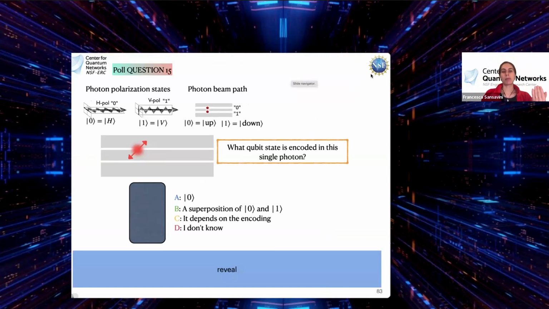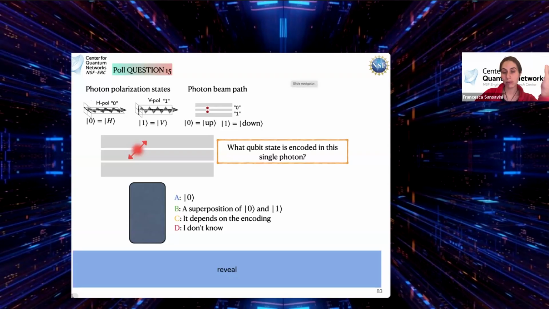We know that the horizontal polarization is a 0. We know that the vertical polarization is 1. But we also have two waveguides. And this diagonally polarized photon is in the upper waveguide. And we do identify up with 0 and 1 with down. And so the question here is, what qubit state is encoded in this single photon?